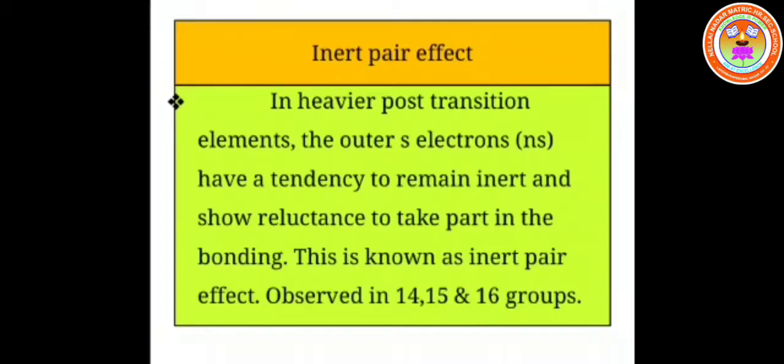Listen, children, when we talked about the general electronic configuration of p-block elements, ns2, np 1 to 6. That is the general electronic configuration of p-block elements. Here, ns electrons are there, no? Those ns electrons, they don't readily take part in chemical reactions. They don't take part in bond formation.